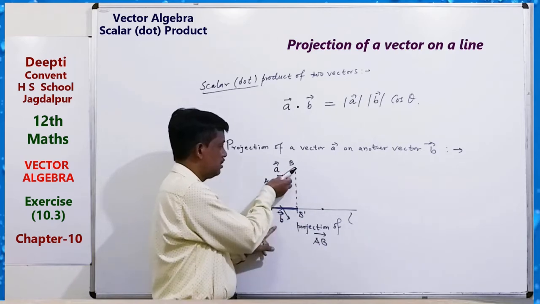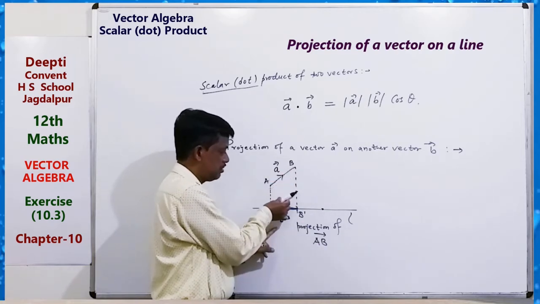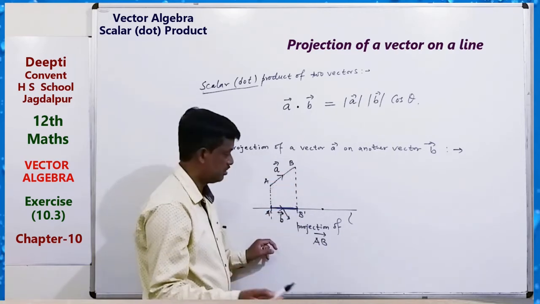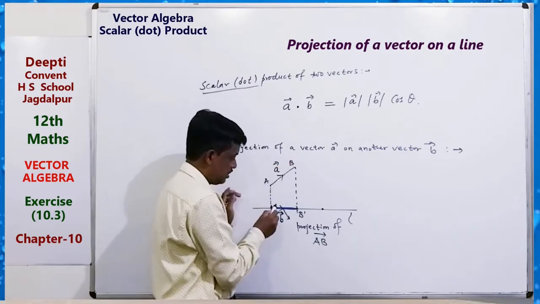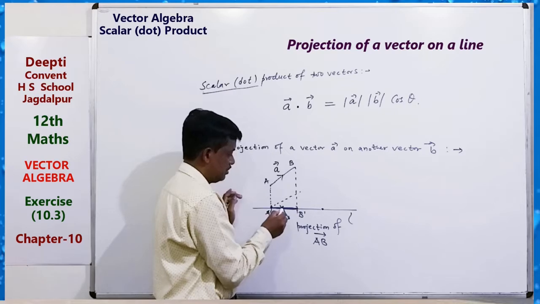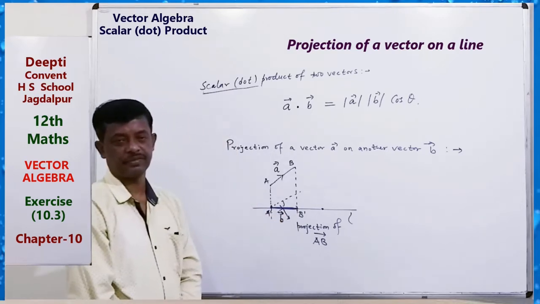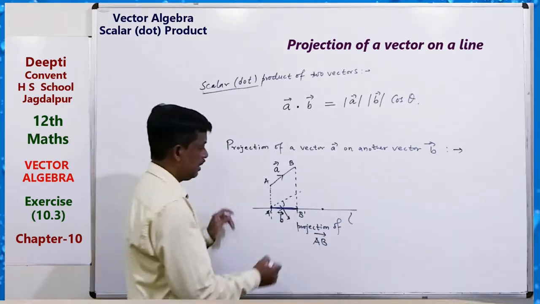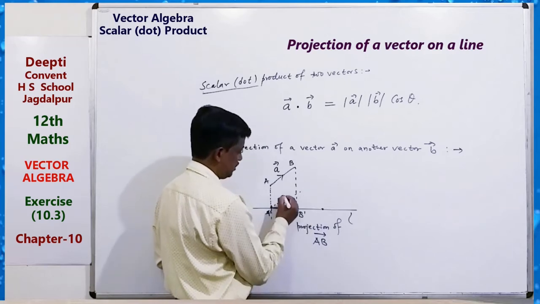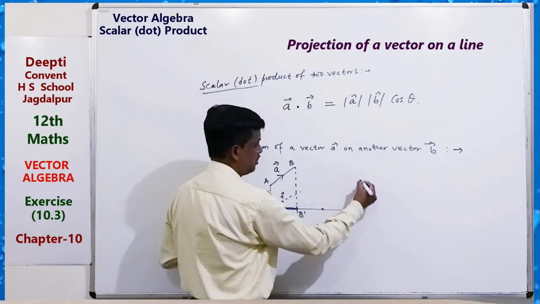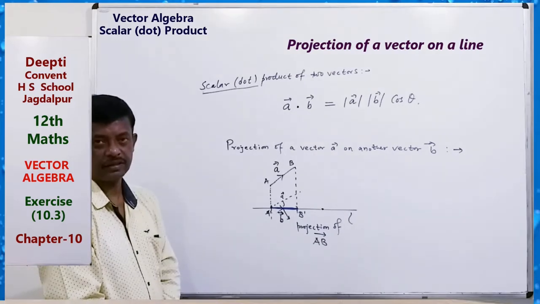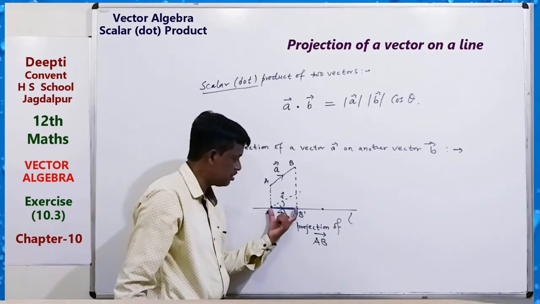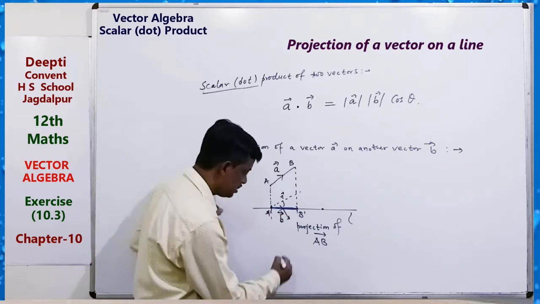If this vector is transferred to here as a free vector, then this is the angle between these two vectors, and we can write this is vector A, so we can use this for finding this modulus.